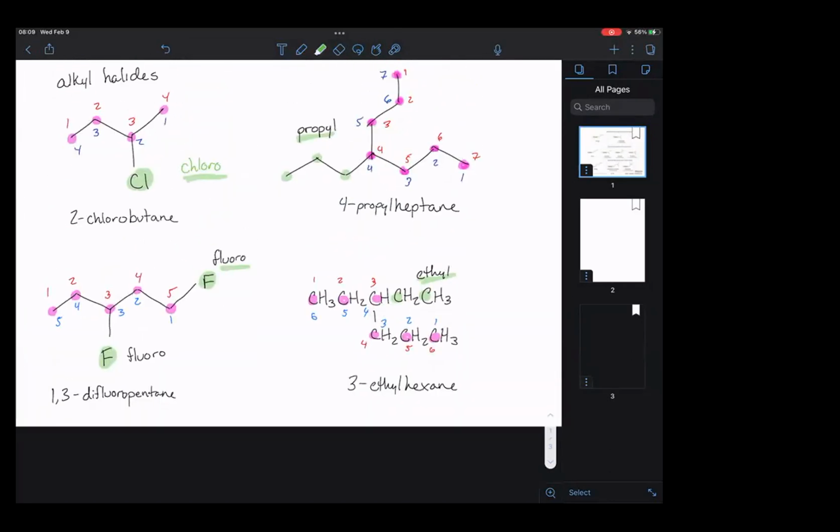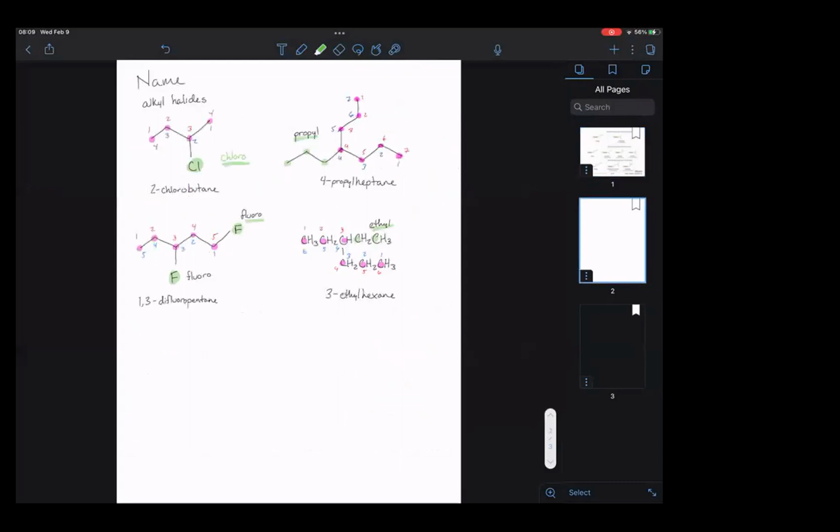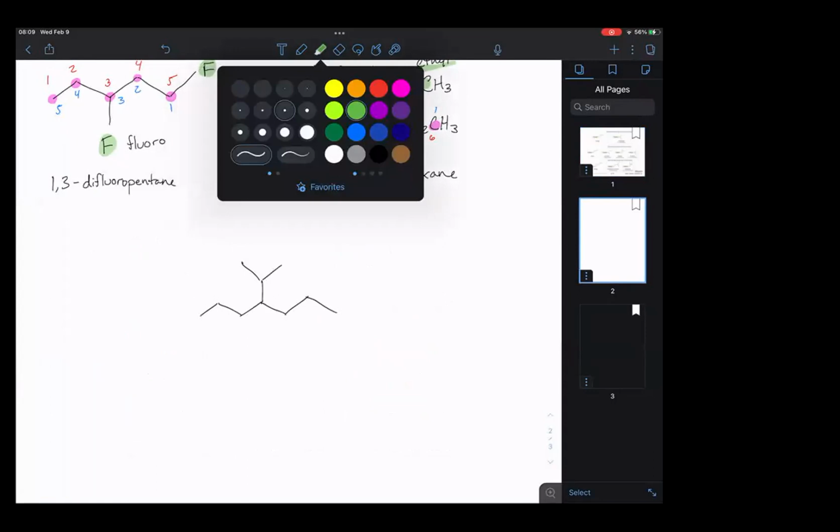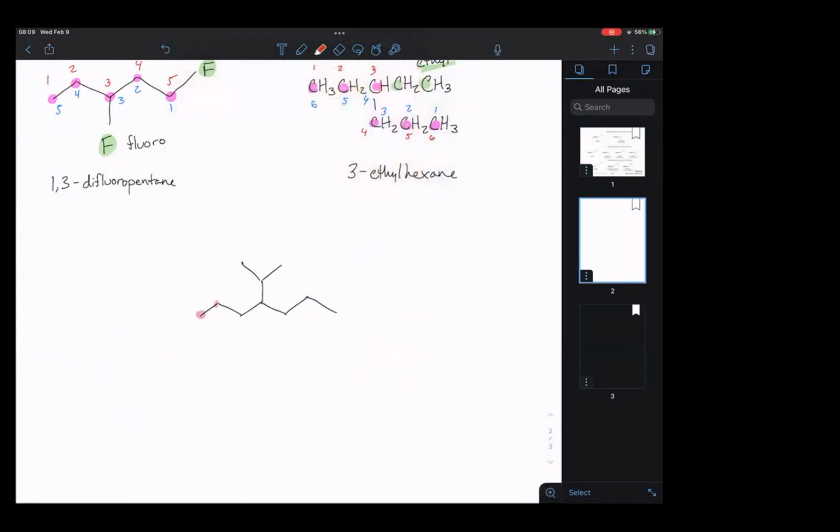So for example, if we had something like this, this would be my parent chain, my longest continuous set of carbons. My parent chain is a heptane.